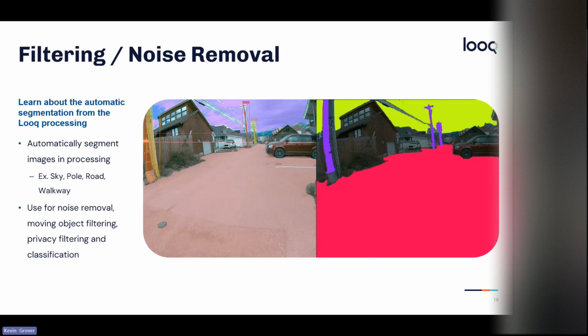Because we have so many images with the 4-camera system and the way that we do the overlapping capture, we're able to do this quite easily, for noise removal, privacy filtering, and moving object filtering, which is why the data sets that we have end up looking so clean. That one data set I showed you initially was actually an active roadway with cars driving by and people walking on the sidewalks, but all of that data is filtered as part of the processing. So it looks like a very nice clean data set.